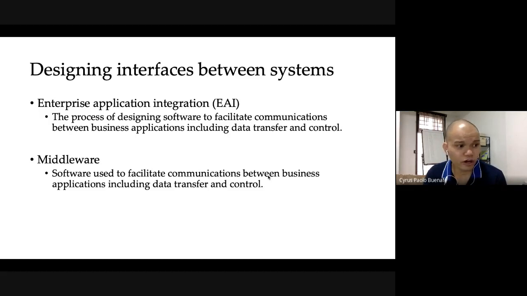Now, for interfaces that are pretty much well established, meaning there are perhaps standards that have been agreed upon worldwide, it's possible to develop software known as middleware, so that would facilitate the communication between the business applications, including data transfer and control. There are a lot of big companies that specialize in middleware. I know Oracle does that primarily because they have access to their own databases, right?